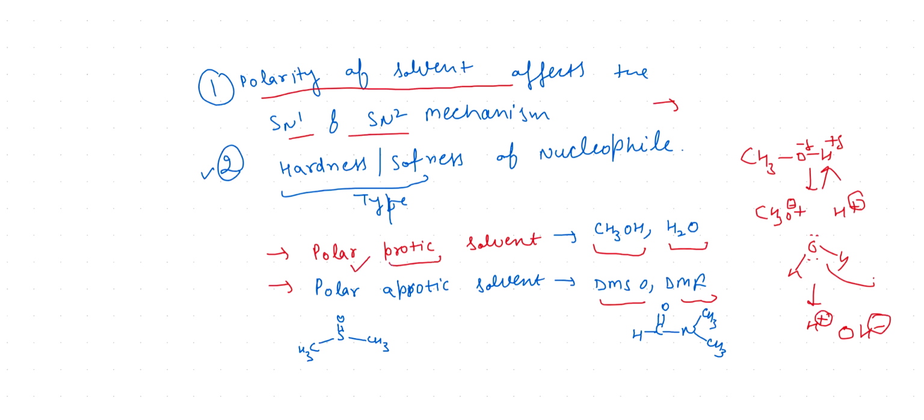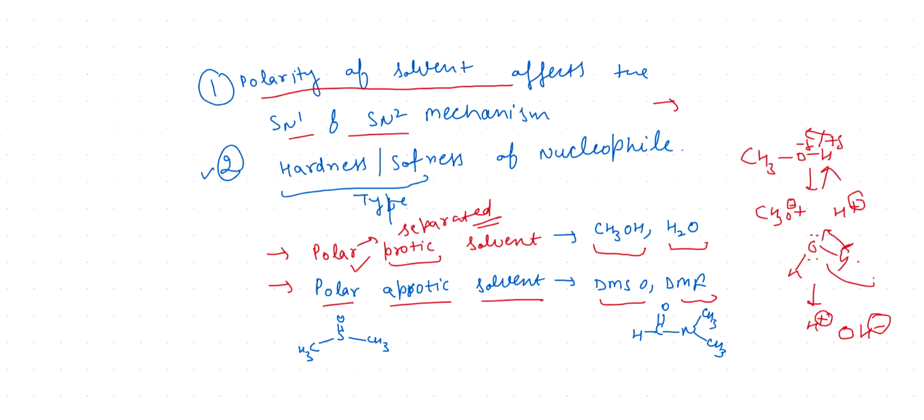The dipole moment always goes from positive to negative. Clear? The dipole moment always has a direction. So these are polar in nature because their charges can be separated, can be polarized.